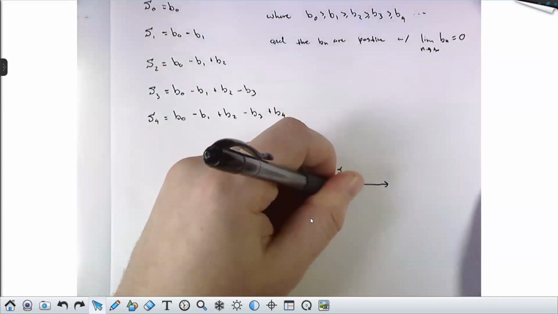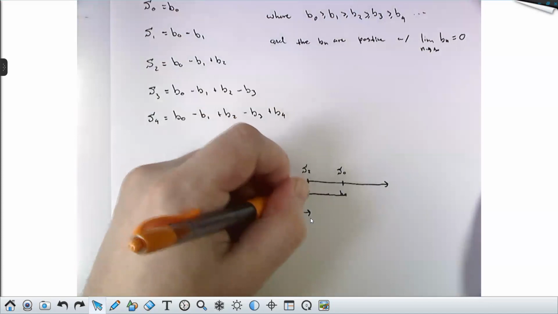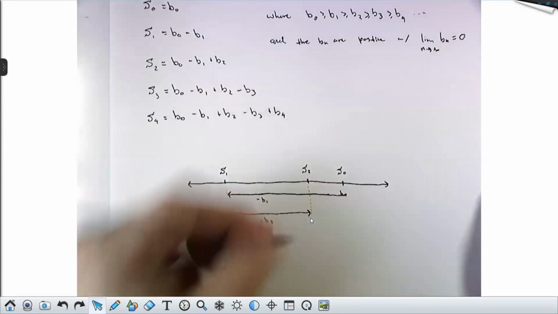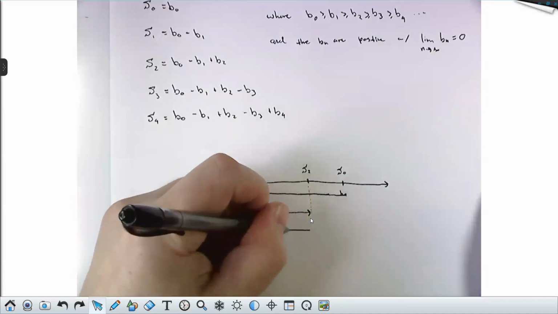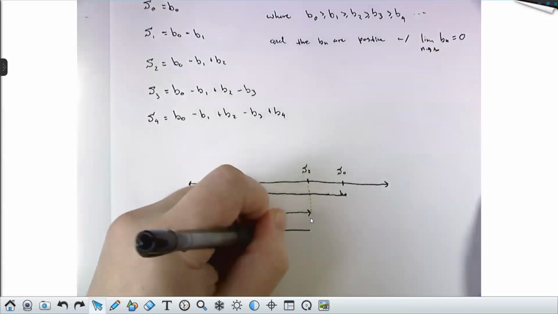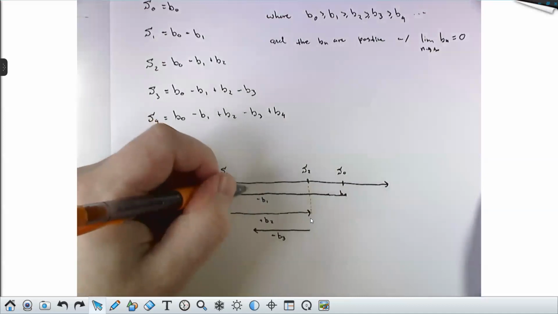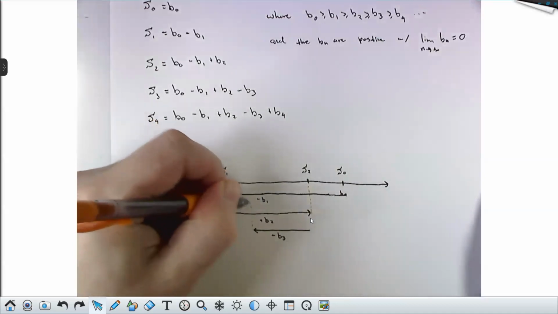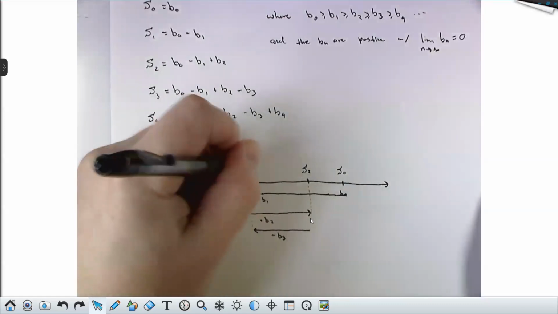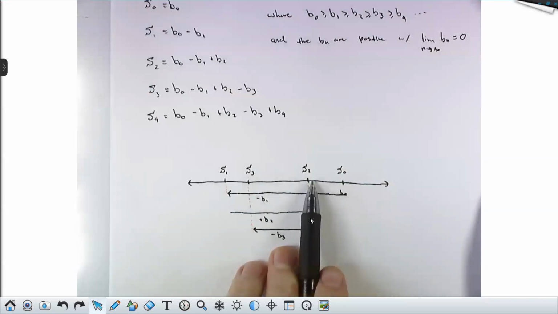Extend this all the way over here. Now I'm going to walk back to the left, but it has to be a smaller amount than I just walked to the right. Say something like this, minus B3. And that means that this guy has to be S3. And S3 is necessarily stuck between S1 and S2.